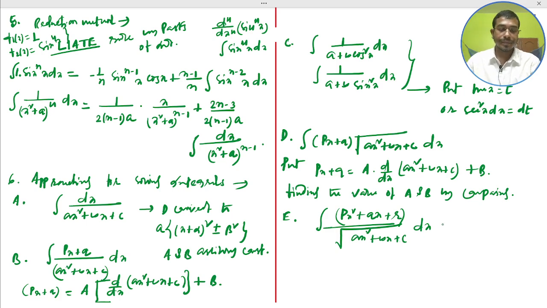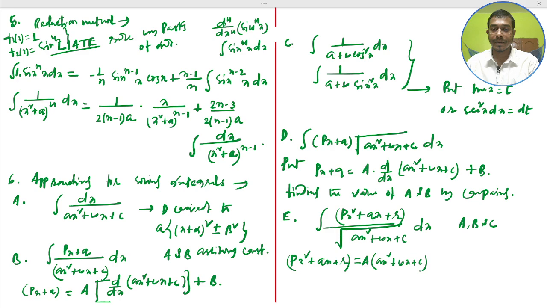For this form, we choose the constants a, b and c such that px square plus qx plus r is equal to a constant a into the denominator part without the square root, x square plus bx plus c, plus another constant b into the differentiation of the denominator without the root, plus another constant c.